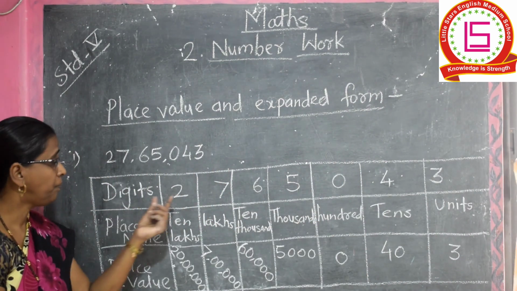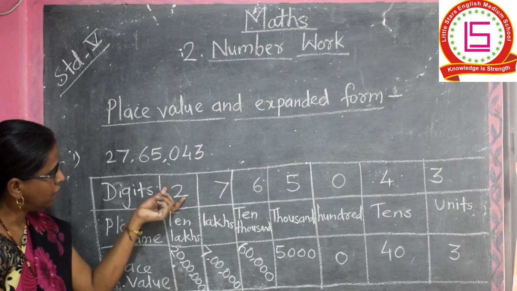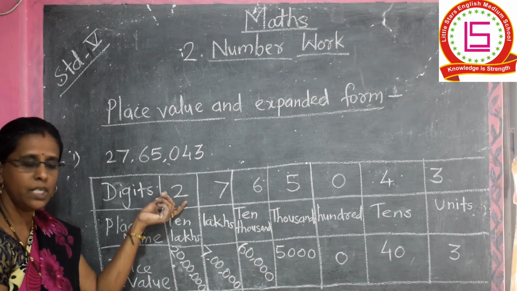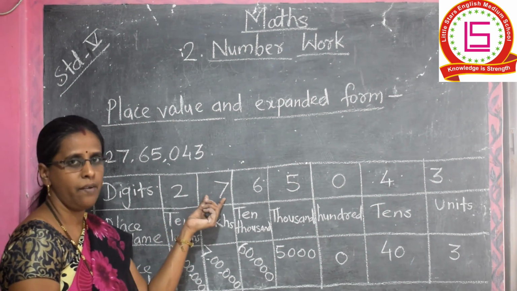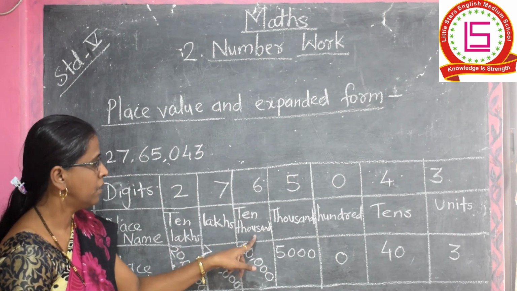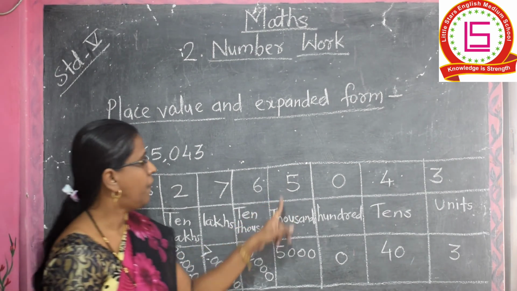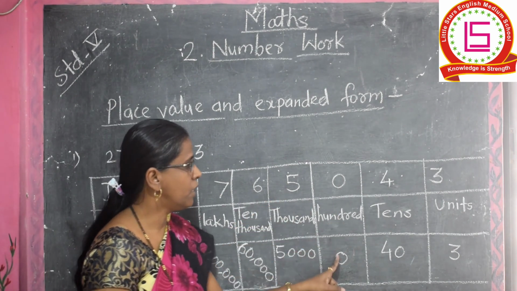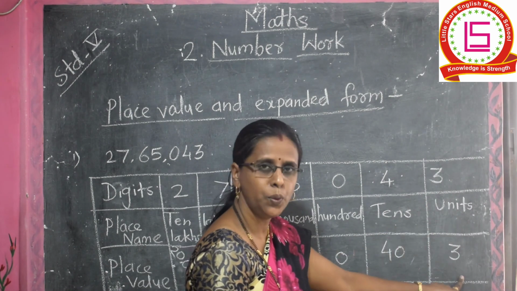So see here, this 2 is at 10 lakhs place, so the place value of this 2 is 20 lakh. After that 7 lakh. 6 at 10,000 means 60,000. 5,000. 0, then 4 tens means 40 and 3 units.